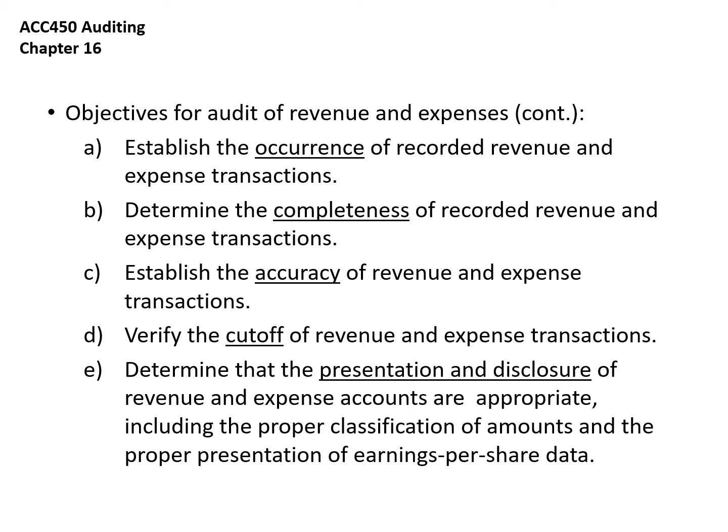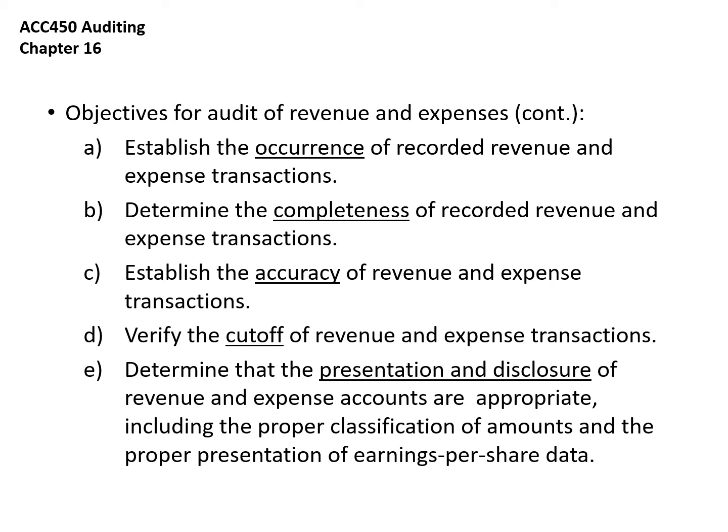As an example, just saying the total of expenses is correct isn't enough. Well, what if a company miscodes some administrative expenses as research and development expenses? Their total expenses are the same. They didn't misstate their net income, but they've made it appear that their company is doing more to invest in the future than it might really be doing.